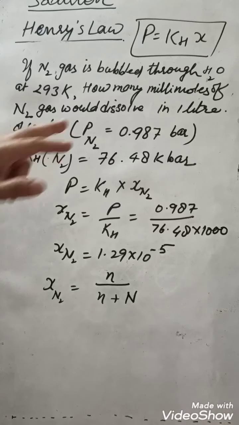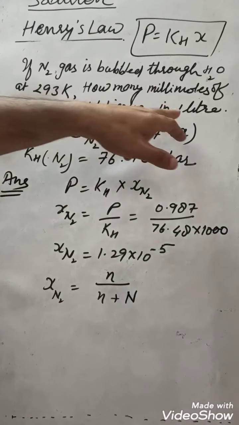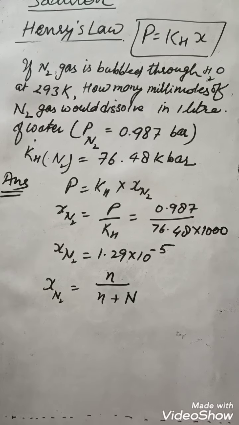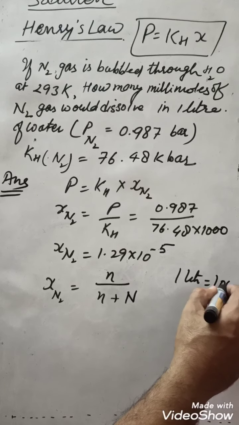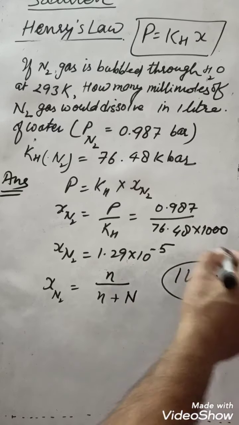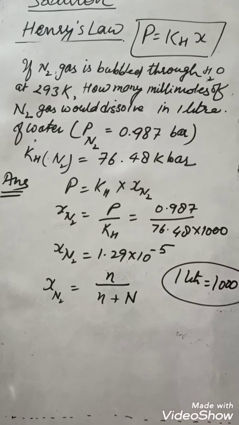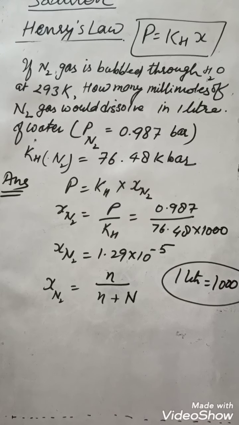So how many moles of water are present in 1 liter of water? You know 1 liter water is equal to 1000 gram because the density of water is 1. So you know mass is equal to density into volume.